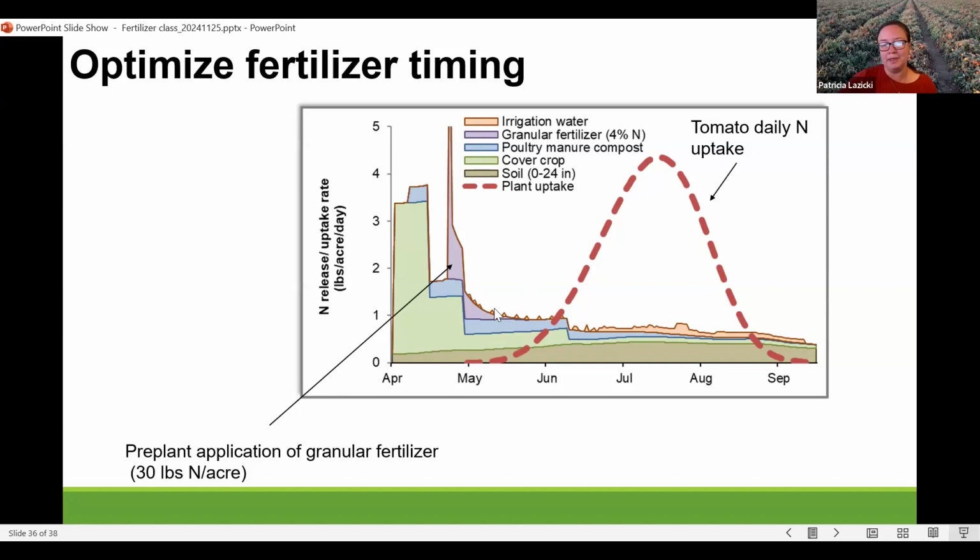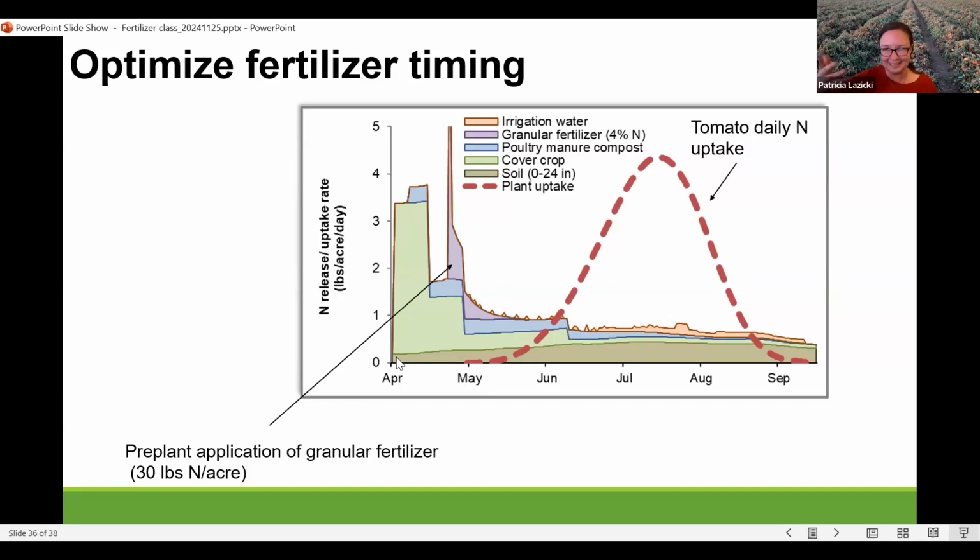And so you have this period of time when most of what is going to be released already has been released before the crop is really able to take it up. So just wanting to emphasize the importance of careful irrigation management in this period of time. This is going to be high risk for leaching.